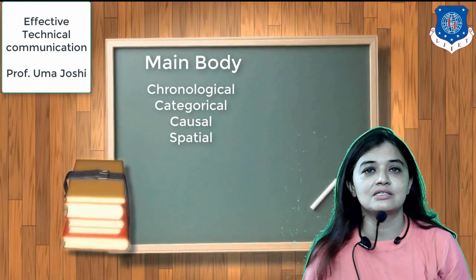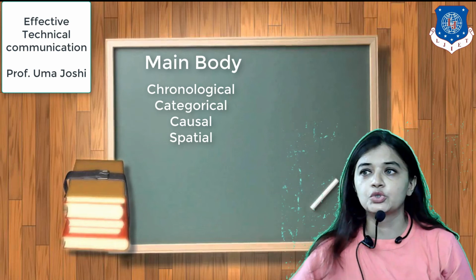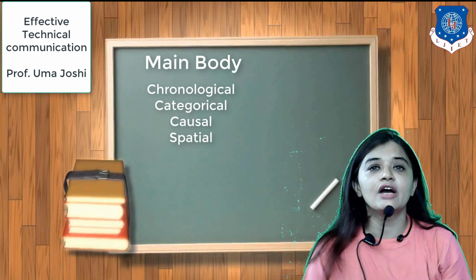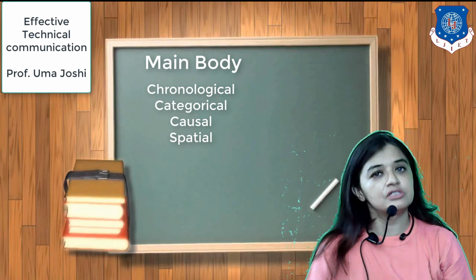Similarly, if you're talking about the design of a lathe machine, rather than first speaking about the bed of the lathe machine and then the tool and then the base of the machine, it will just confuse the audience. So you should always start either from the base of the machine to the top of the machine, or maybe from right to left or left to right. But whatever way you are selecting, you have to stick to it. So this is called the spatial method.